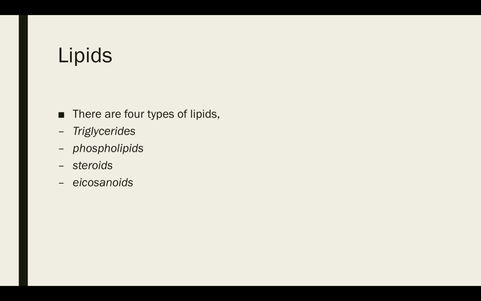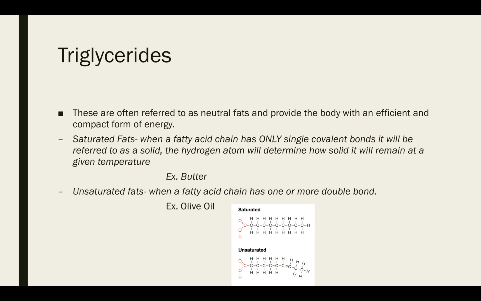Now on to lipids, and there are four types of lipids: triglycerides, phospholipids, steroids, and eicosanoids. Start off with triglycerides. These are often referred to as neutral fats and provide the body with an efficient and compact form of energy.